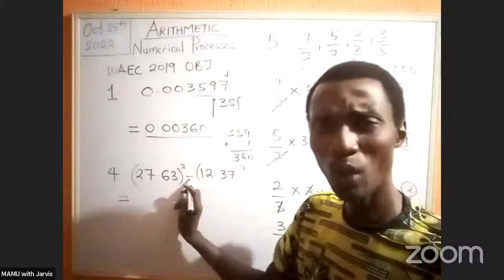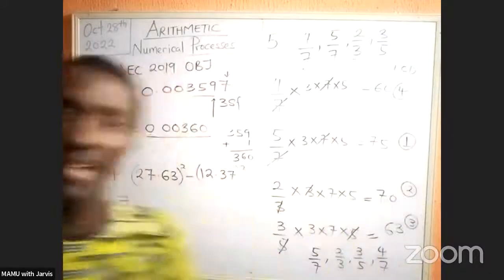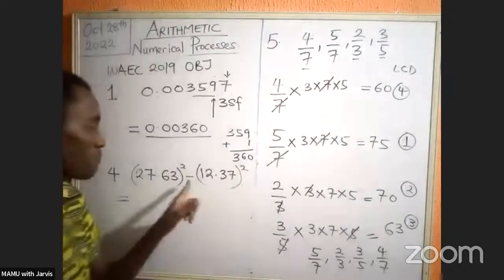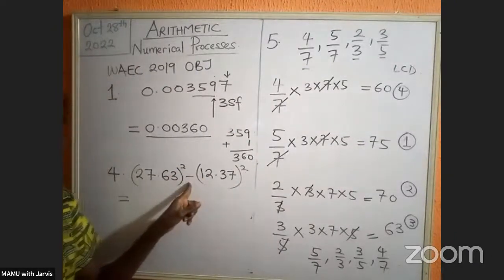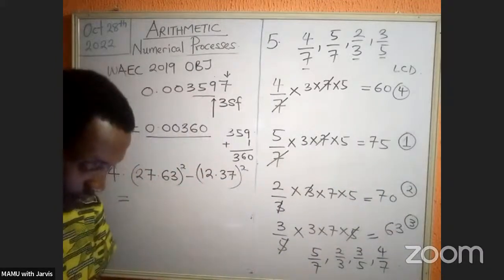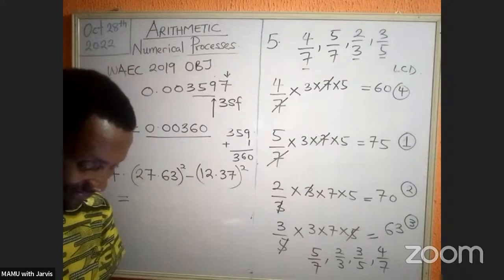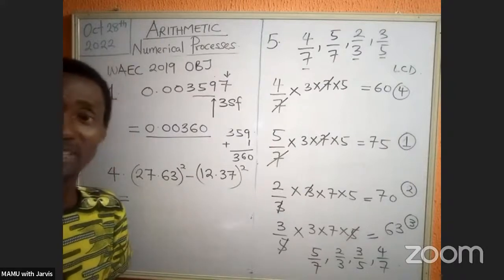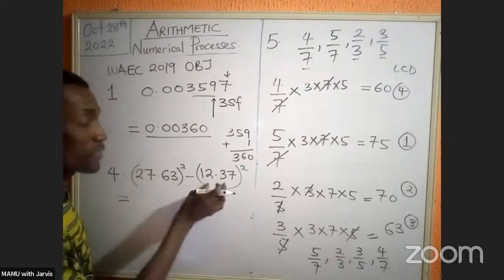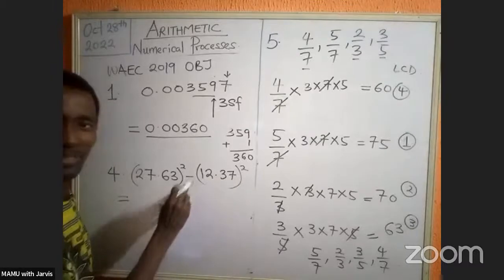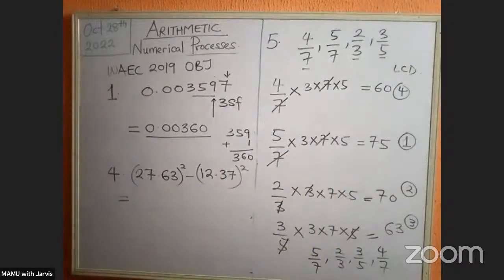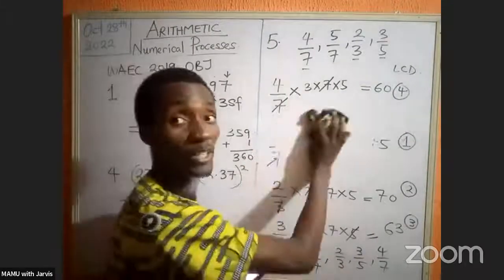Can someone tell me what term comes to mind? Can I get that quickly on the chat? There's a squared here, there's a squared here, and then there's a minus here. Can I get a response to that? What term readily comes to mind? Waiting for your feedback.